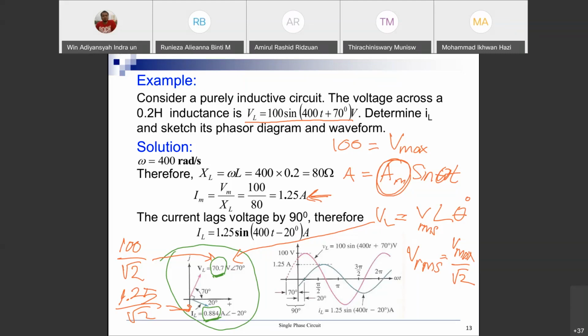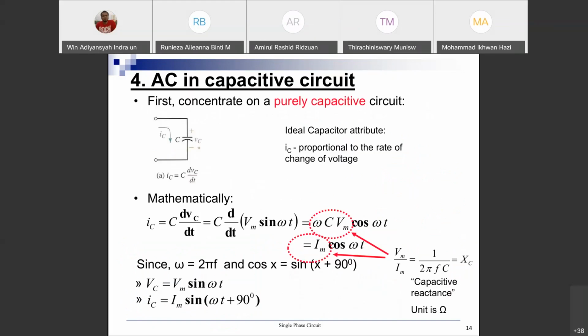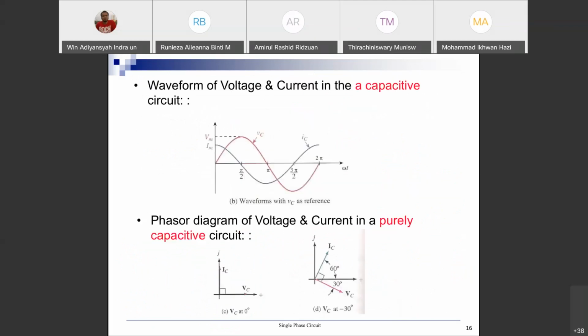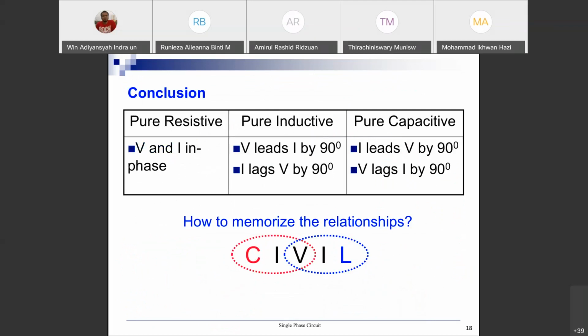Since you have seen the video, I will just go to the conclusion. Pure resistive means V and I are in phase, meaning they have the same phase, no phase difference. The waves of V and I start at the same point and end at the same point.